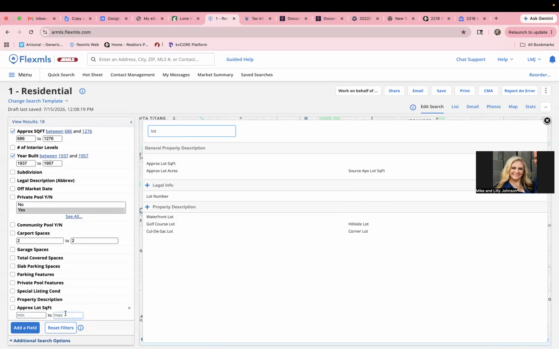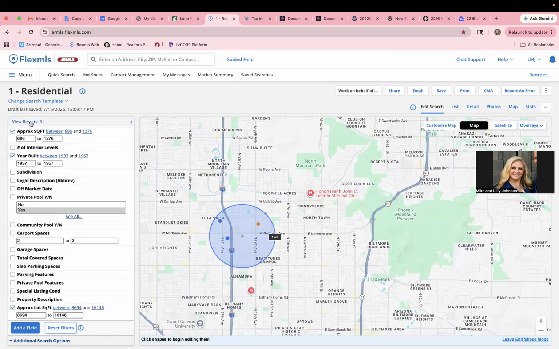I'm going to put 16,146. Thirty-seven twenty-six, so minus 3726 is 8694. All right, so that gives me three. Let's see what they look like.